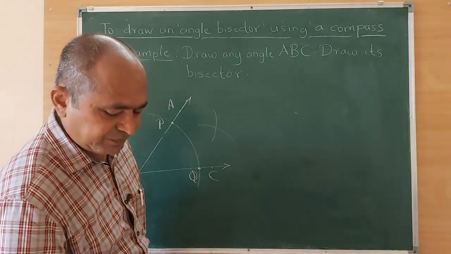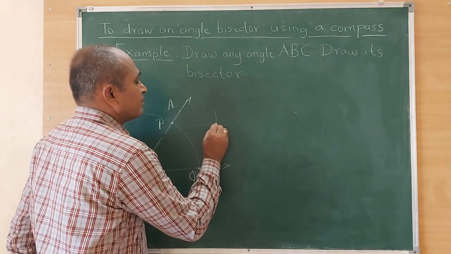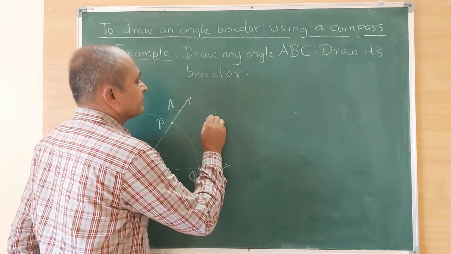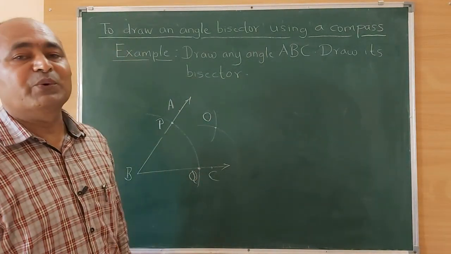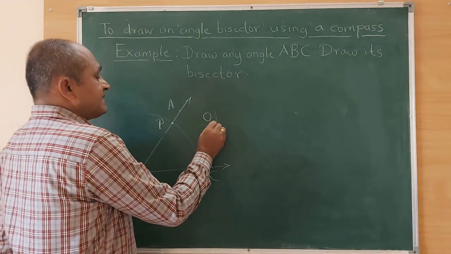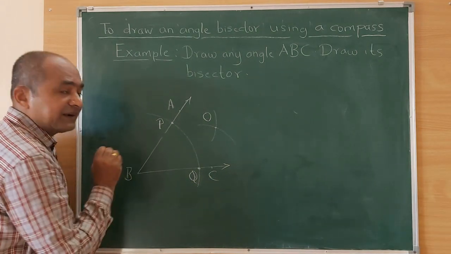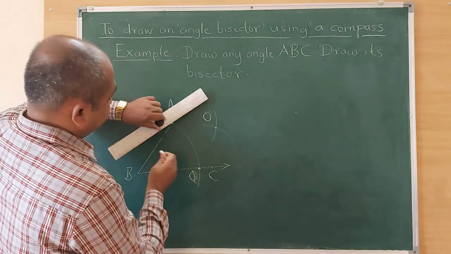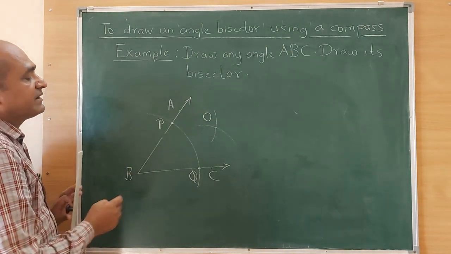So here I got one more intersection point. I will name this intersection point as point O. Now this intersection point, I will join it with the vertex of the angle. Which is the vertex of the angle? B is the vertex of the angle.